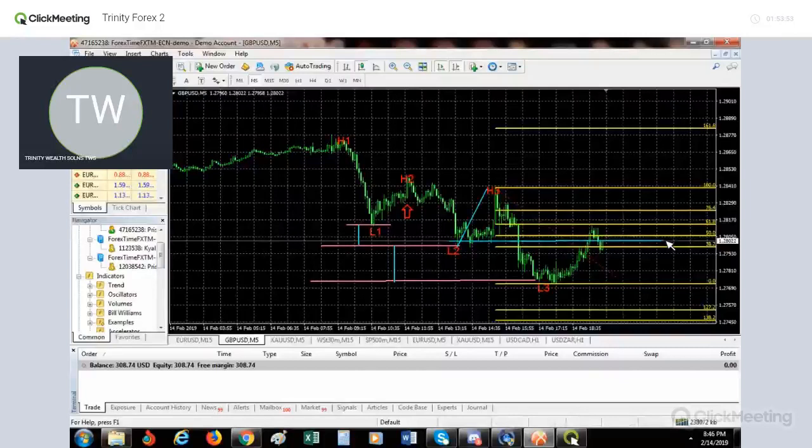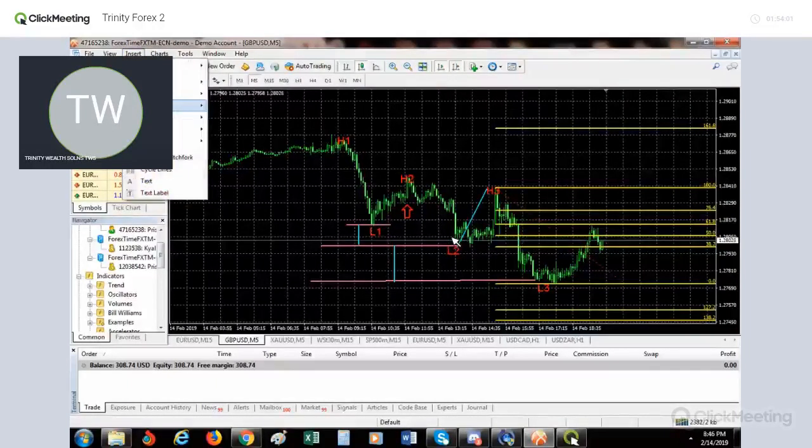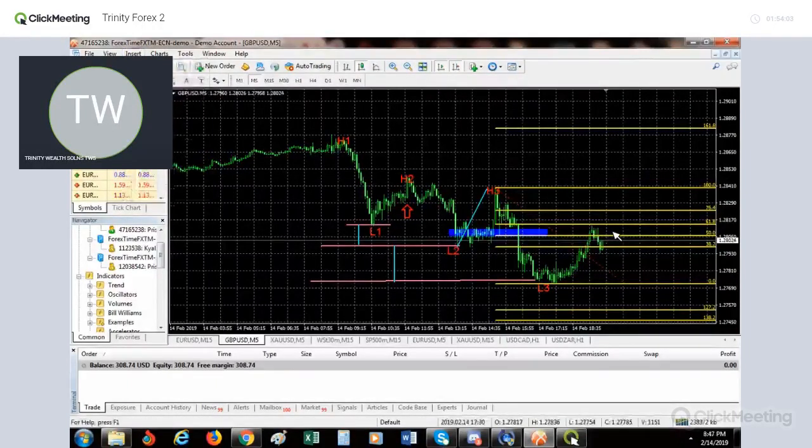In our case, you can see this is a support zone. Let me just put a red zone. You see, there's a fight based on this area here. Where is L2? You can see my L2.